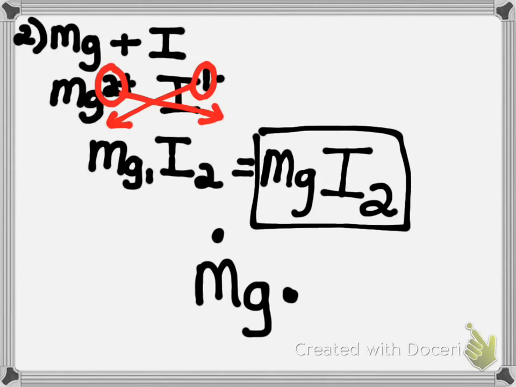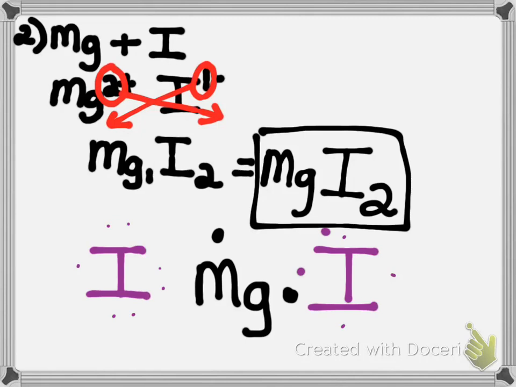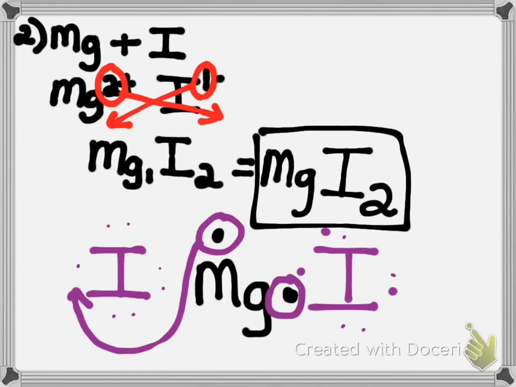So to show this, I'm going to use a different color, and we start, remember, at the top, and we work our way around clockwise until we get 7, and I'm going to draw the other one on the opposite side. And so now what you can see is what's going to happen is this magnesium is going to give its electron to iodine, and the valence electron in magnesium over here is going to give its electron to iodine.